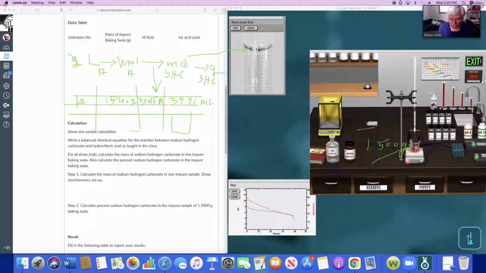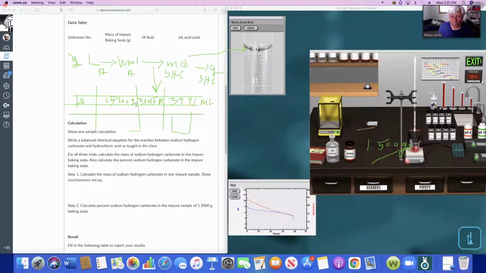We want to find out how much sodium hydrogen carbonate is in 1.5 grams of baking soda, which is not pure sodium hydrogen carbonate. So we need to find out how many grams of sodium hydrogen carbonate there are in 1.5 grams of impure substance.